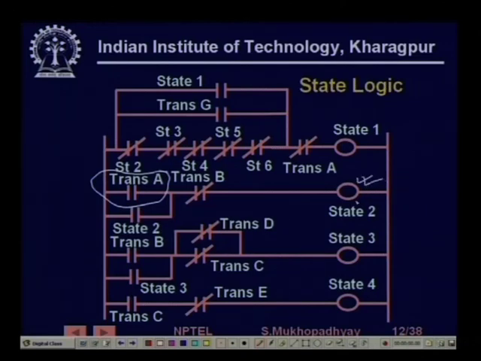Now, once state 2 is on, two things happen. Firstly, because state 2 is on, this contact will be on, and this contact will now be off. In the next scan cycle, when these rungs are evaluated, this will go off, and because of that transition A will go off.